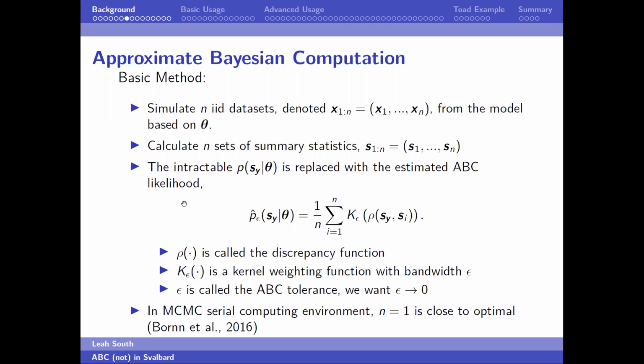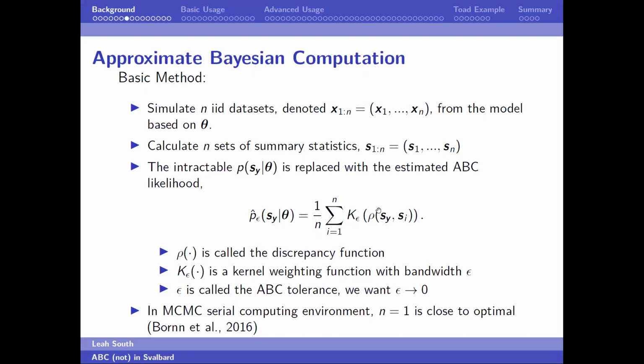For anyone who may not be familiar with it, a basic method is that you simulate n IID data sets from the model based on theta. You calculate the associated summary statistics, and then in your MCMC or your algorithm, you replace your summary statistic likelihood with this estimated ABC likelihood.